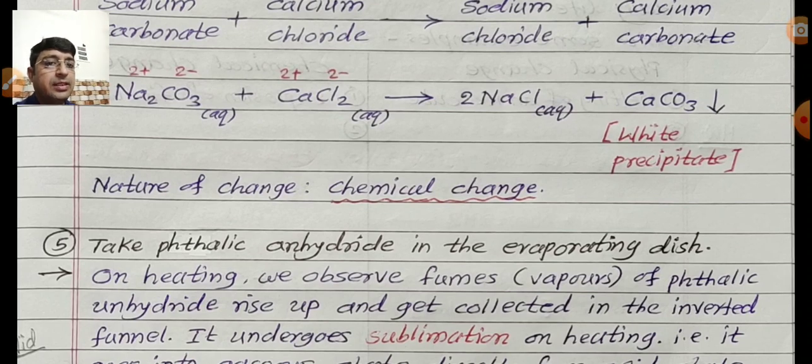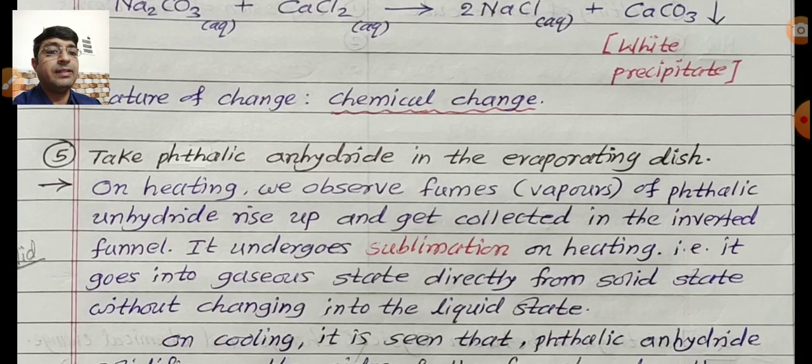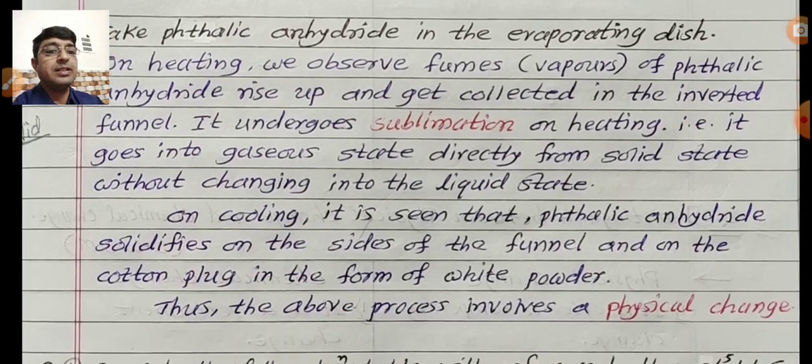And fifth activity: take phthalic anhydride in the evaporating dish. On heating, we observe fumes, that is the vapors of phthalic anhydride, rise up and get collected in the inverted funnel. It undergoes sublimation on heating, that is, it goes into gaseous state directly from solid state without changing into the liquid state.